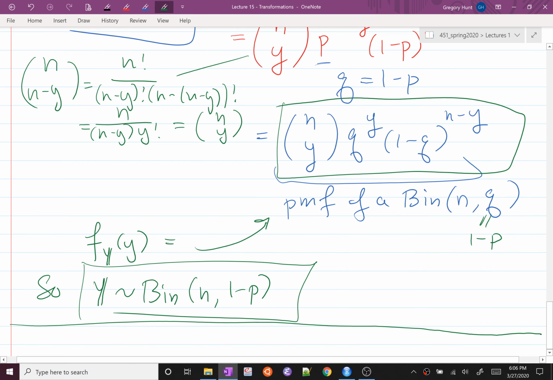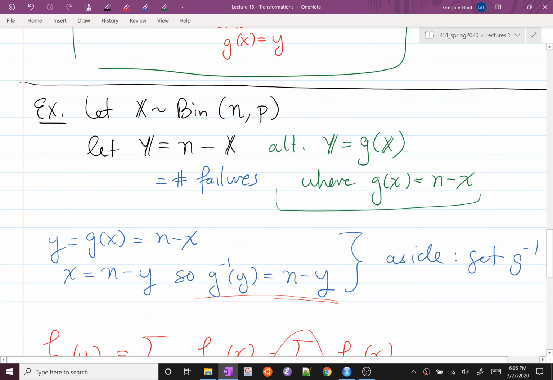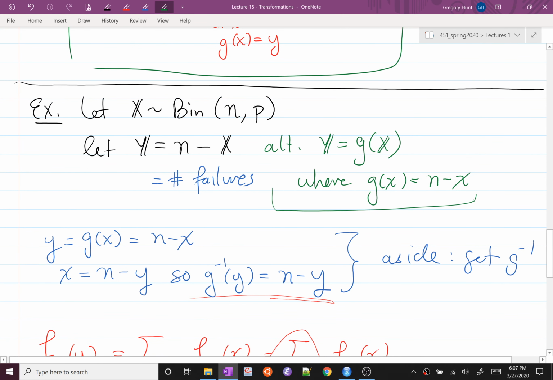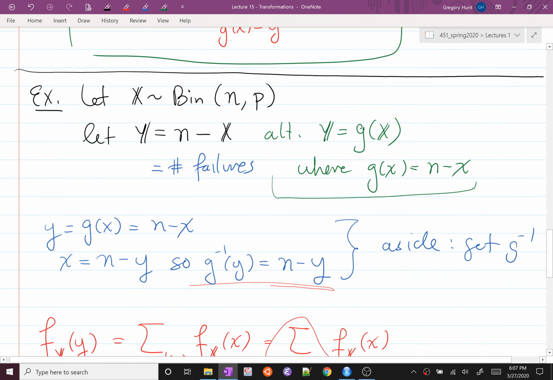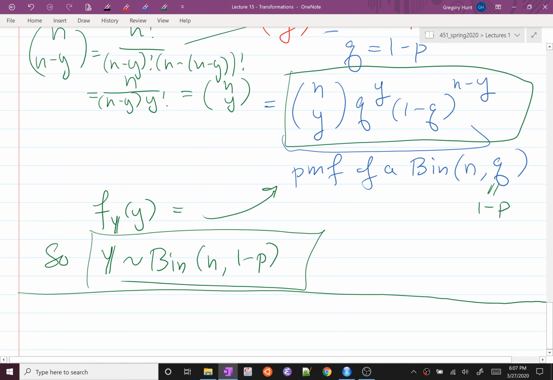It shows that if we originally have an X that is binomial, X counts the number of successes. If we look at the number of failures, that's also binomial, but instead of parameter p, it's binomial now with a parameter of 1 minus p. And I think that makes a lot of sense. You can sit and think about why. It's just flipping the definition of success and failure, so you get the same thing.